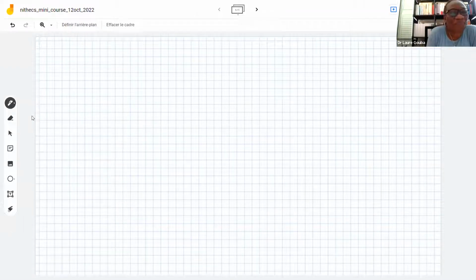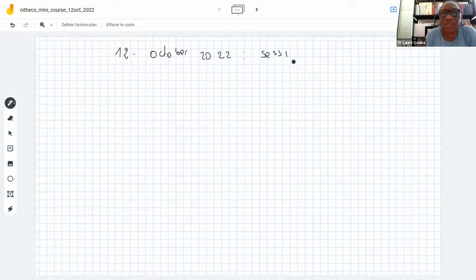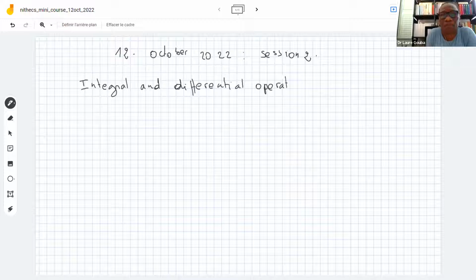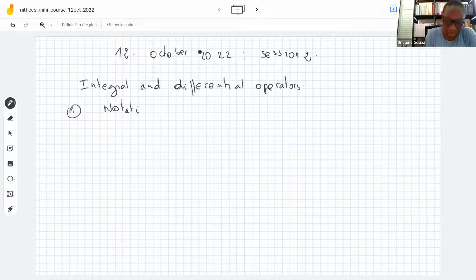So for today, today is 12 October. So today is the session 2 of the school. Session. And today will be about integral and differential operators. So for today, I will start giving some notations that will be useful for the understanding of the rest.